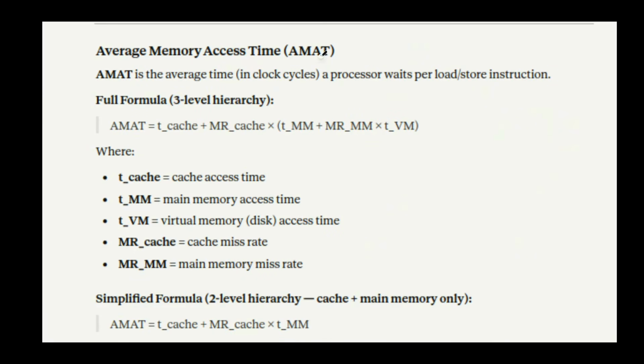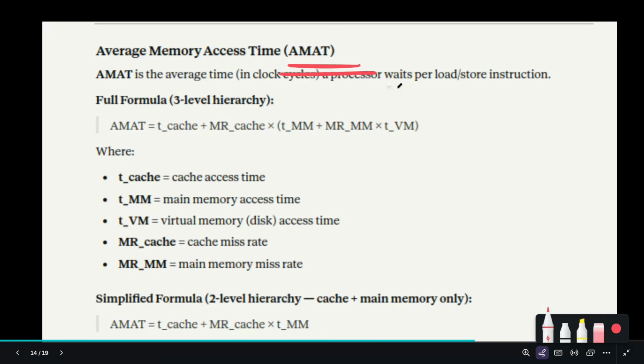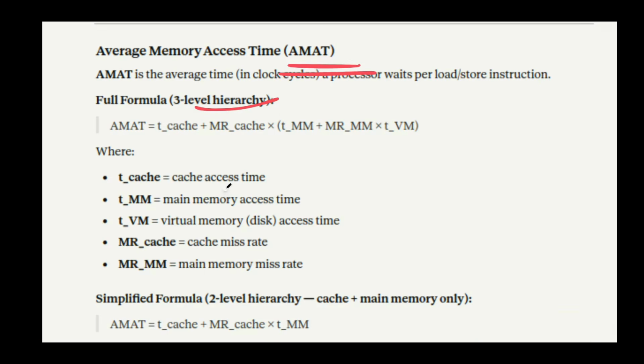Now, this time we are learning the average memory access time formula not in terms of hit rate or miss rate, but in terms of the hierarchy. We have a 3-level hierarchy and a 2-level hierarchy. In the 3-level hierarchy, we include the cache, main memory, and virtual memory.